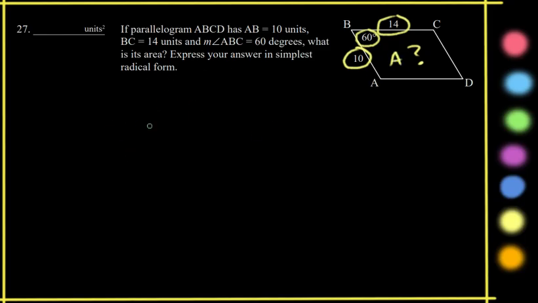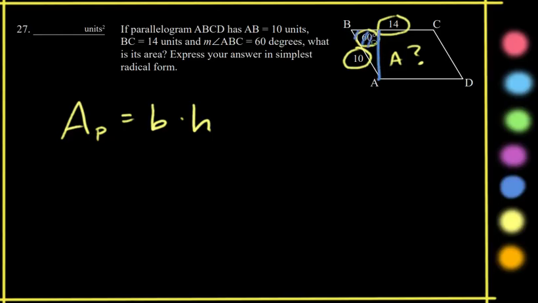So for the area of a parallelogram, it's very similar to the area of a rectangle. It's just the base times the height. All right, that's the same formula as a rectangle. A rectangle is just one particular special kind of parallelogram, and actually you can see that. Like, for example, let's say you chop off this triangle.